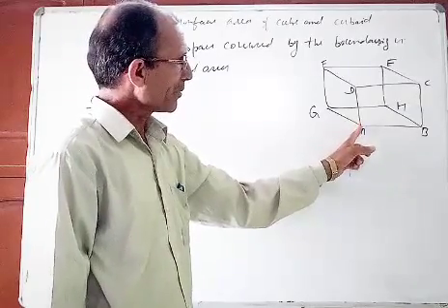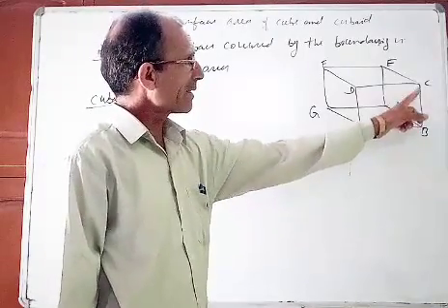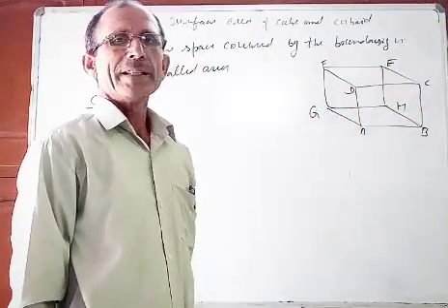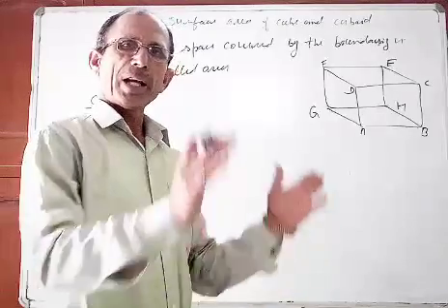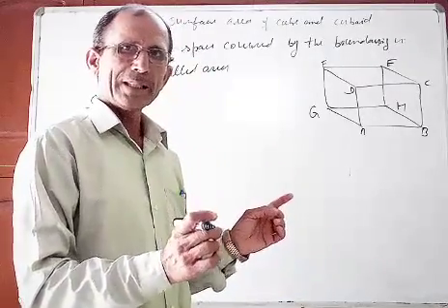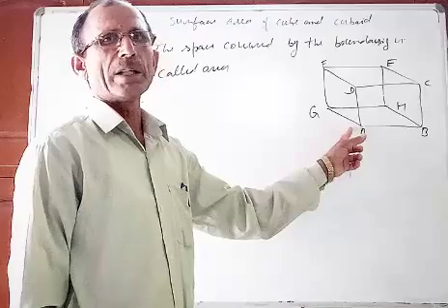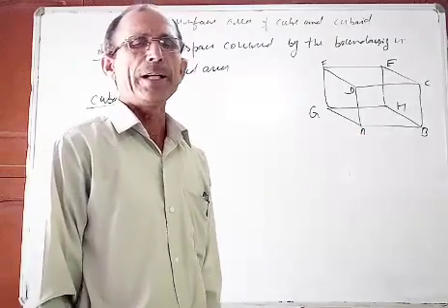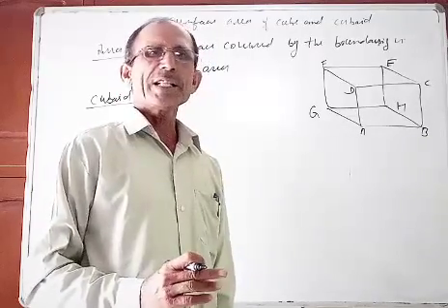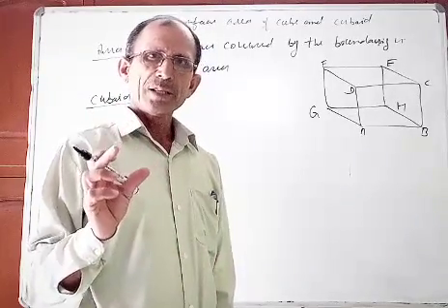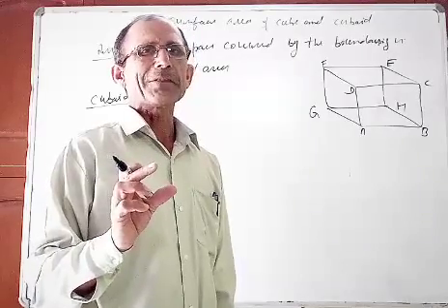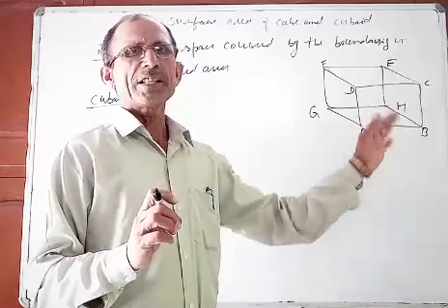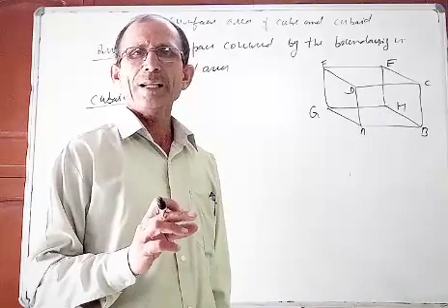So A is a vertex, B, C, E, F, D and G are vertices. The point of joining is called a vertex. So what is the definition of a cuboid? A solid shape which has 6 faces, 12 edges and 8 vertices is called a cuboid. All the faces are rectangular.